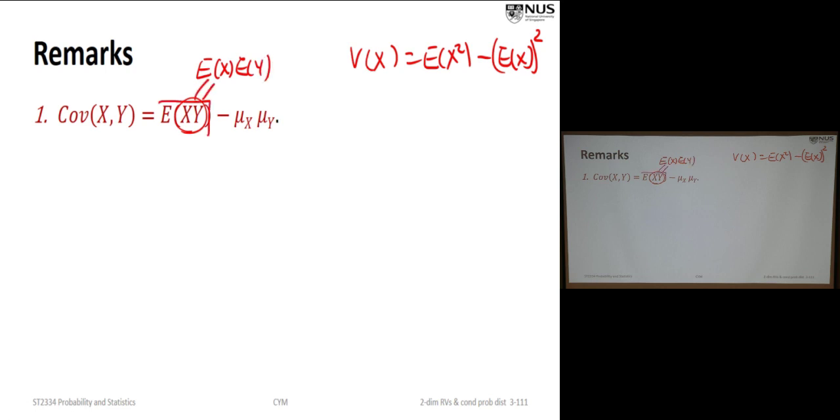Are these two the same? They are not the same. We can prove that, but at least you have to understand that the first one means that you are talking about a new random variable, which is the product of two random variables, x and y.